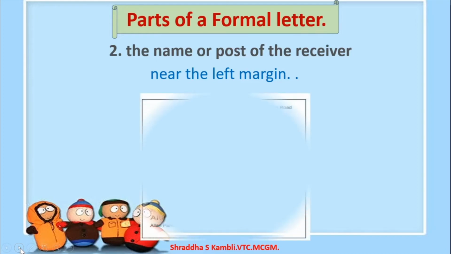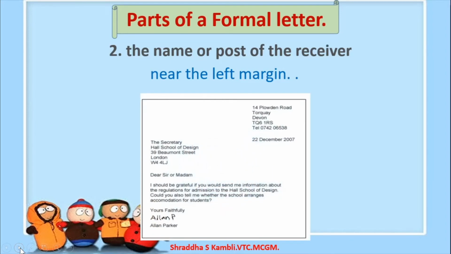Alright, so come on, let's see where you will write it. So this is the same letter again. We just now saw where you are supposed to write the sender's address and the date. So this is where you will write the receiver's name or the address of the receiver. So you can see here the person is writing to the secretary of a school.